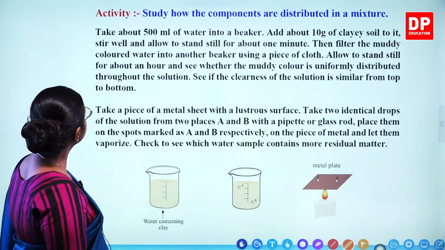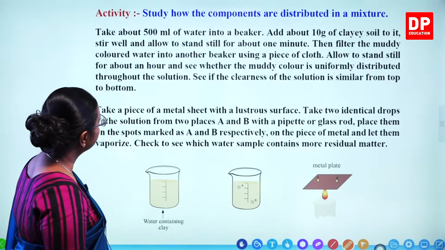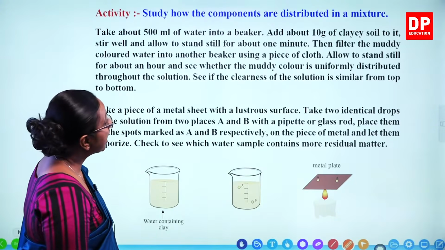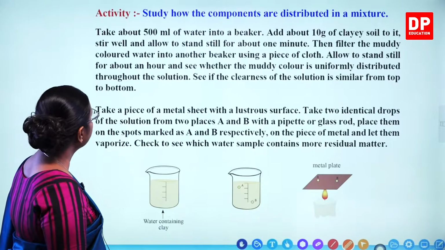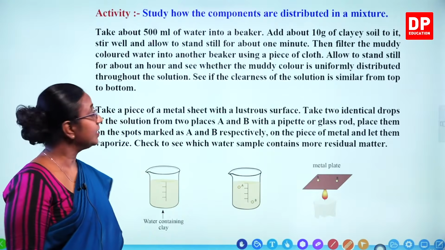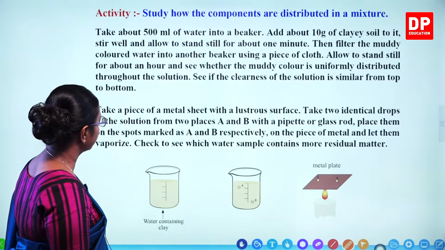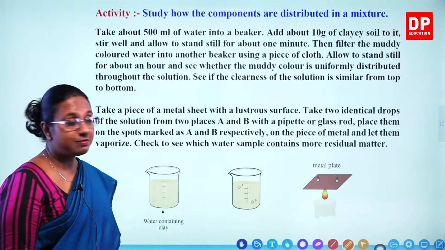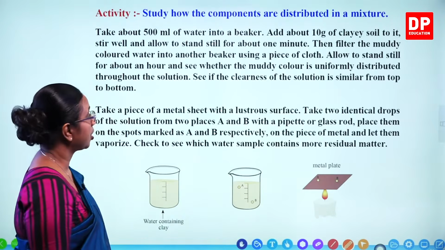Then filter the muddy colored water into another beaker using a piece of cloth. Allow to stand still for about an hour and see whether the muddy color is uniformly distributed throughout the solution. See if the clearness of the solution is similar from top to bottom.